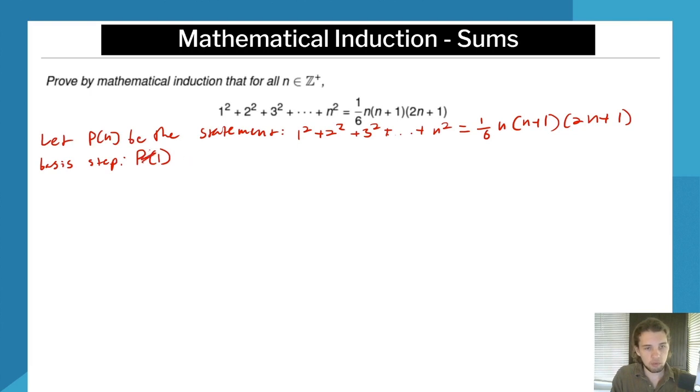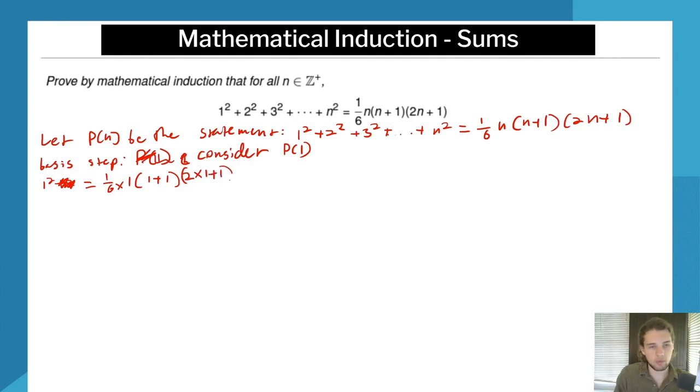So we should probably write something like: consider P1. There you go. What does this culminate in? This culminates in 1 squared, and then we don't go any further because n is 1 here, equals 1 over 6 times 1 plus 1, 2 times 1 plus 1.